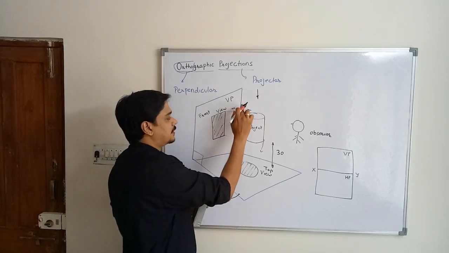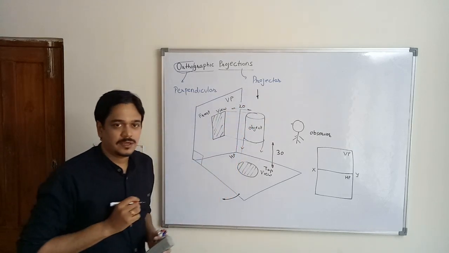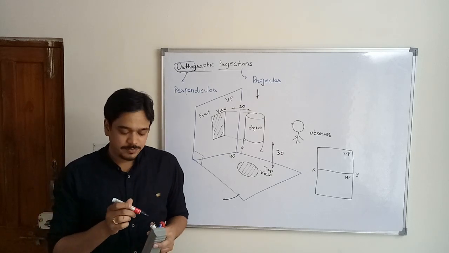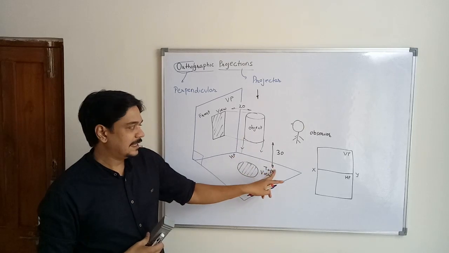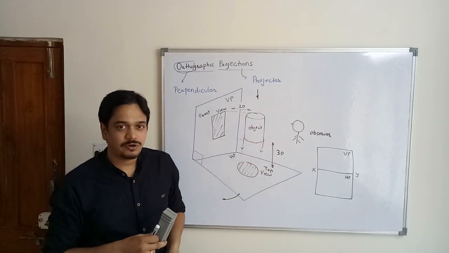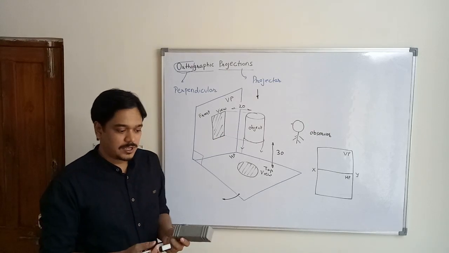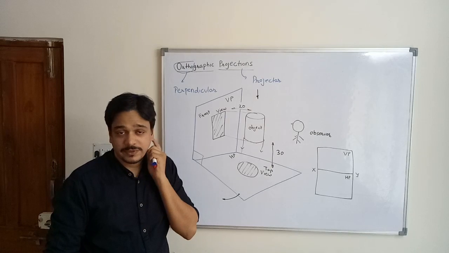Okay. So let us take this distance as 20. So in first quadrant method, how this object will be located? It is 30 mm above horizontal plane and it is 20 mm in front of vertical plane. So this was the introduction to orthographic projection.